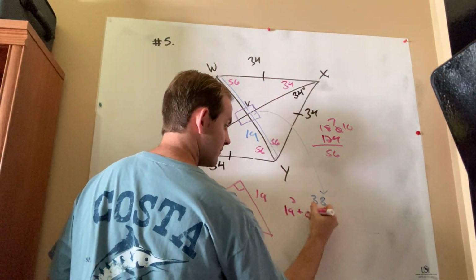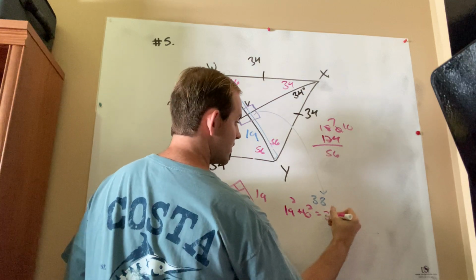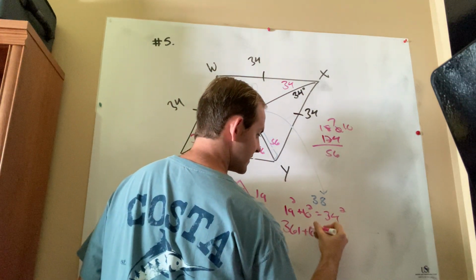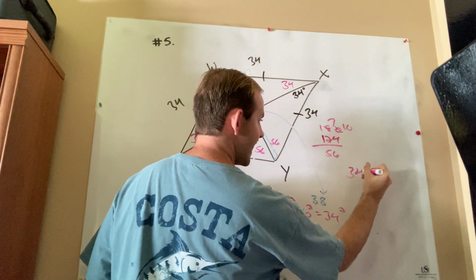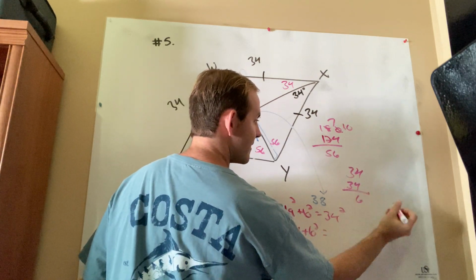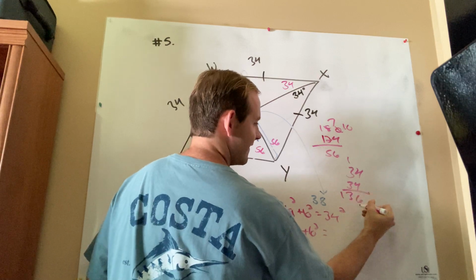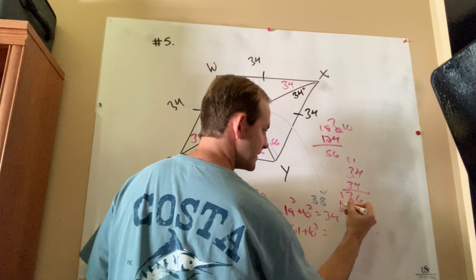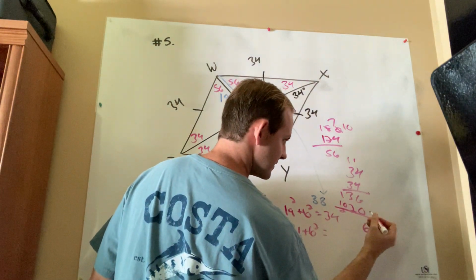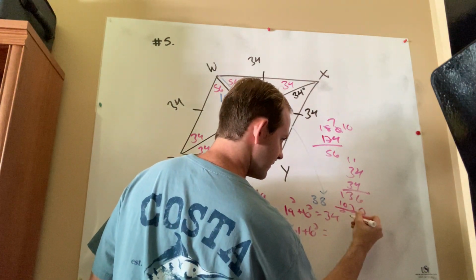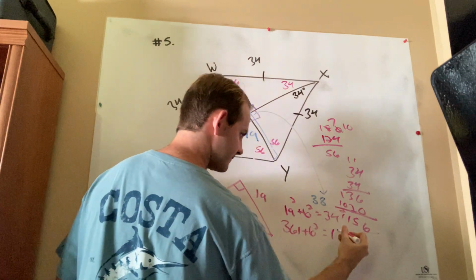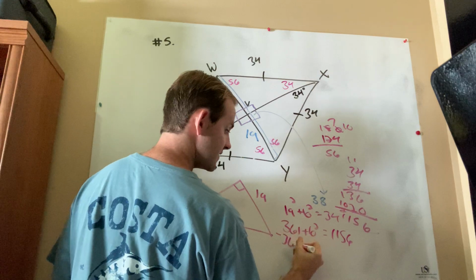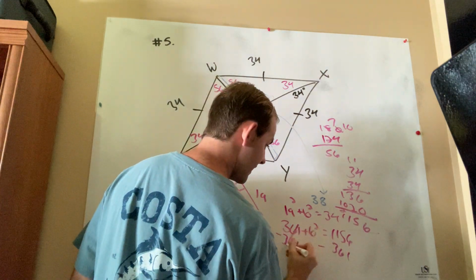19 squared plus B squared equals 34 squared. So that's 361 plus B squared equals, I actually don't know this one memorized. I apologize. Shame on me. That's going to be 1156. Then, to solve, I would subtract 361 from both sides.